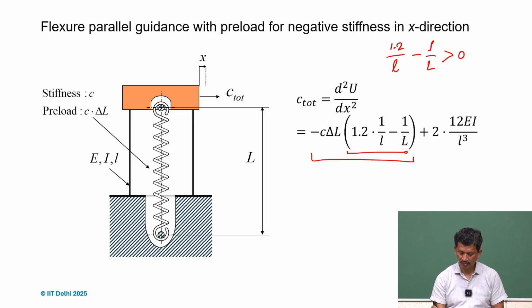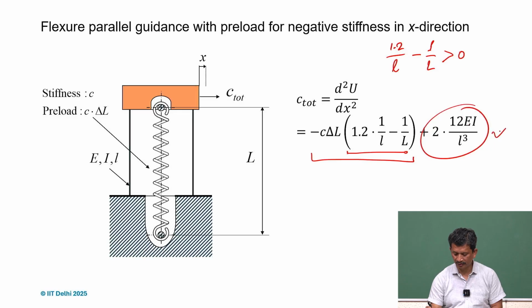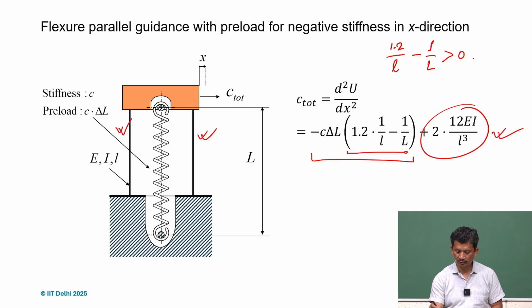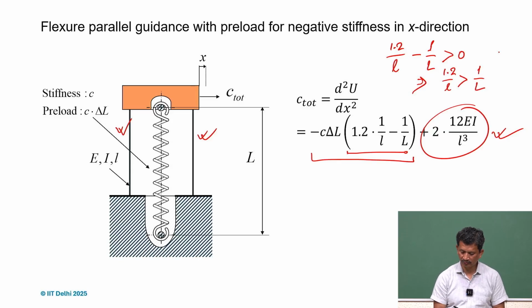And of course this is the positive part, which is because of these two flexures. If we just work this out, we realize that 1.2 over l is greater than 1 over L, and so l has to be smaller than L divided by 1.2.